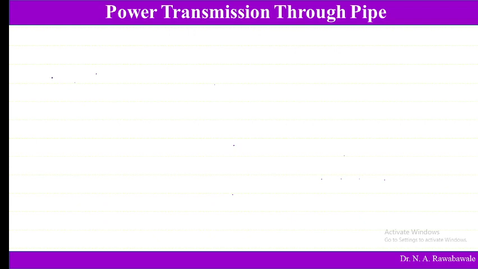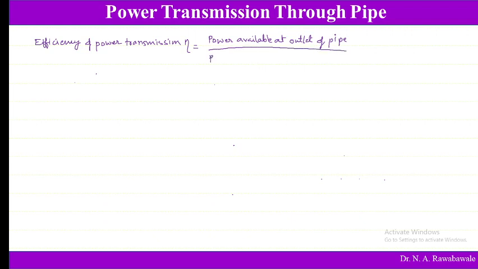So the efficiency of power transmission is given by power available at the outlet of pipe to power supplied at the inlet of pipe.